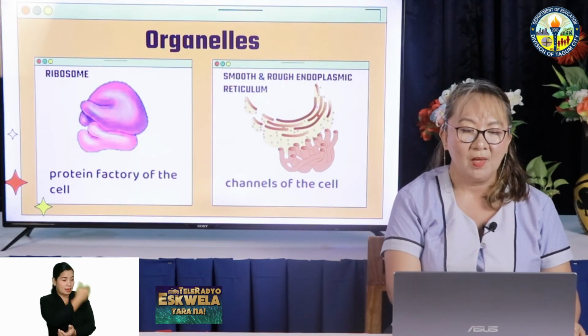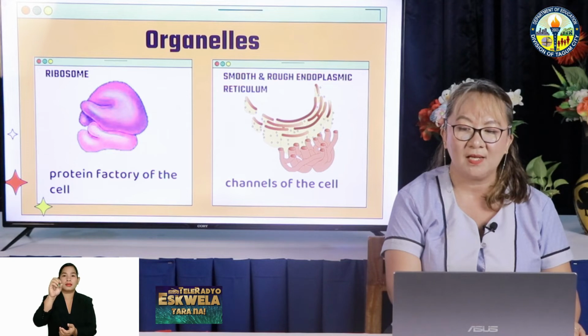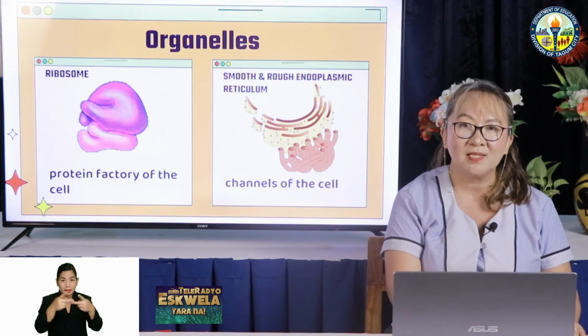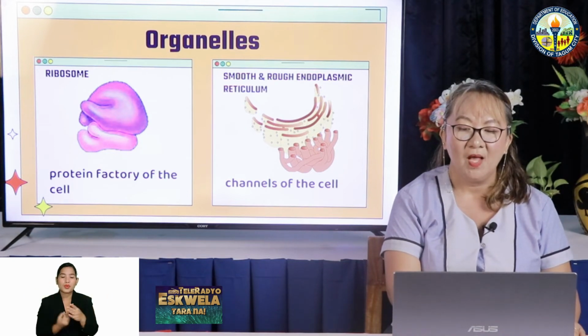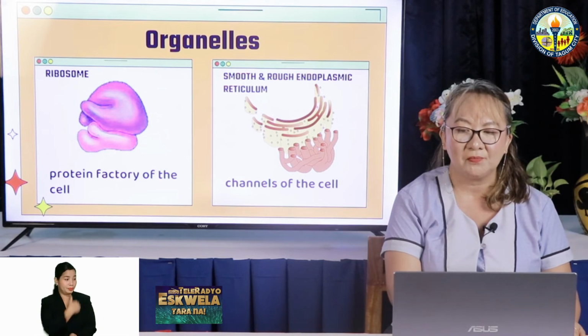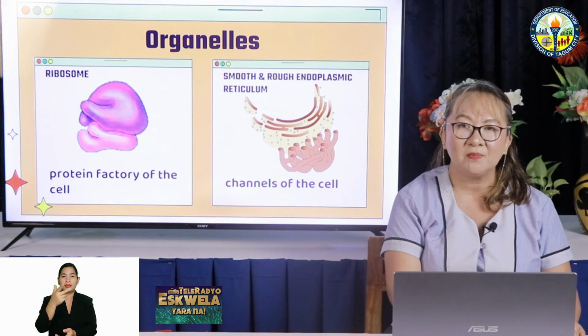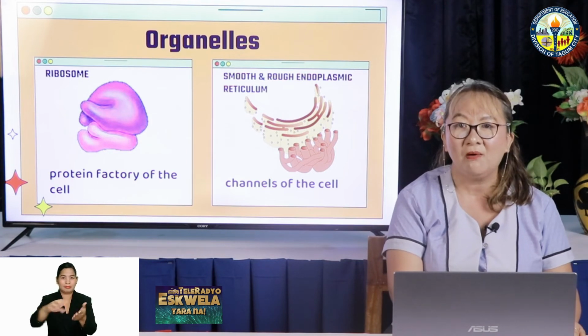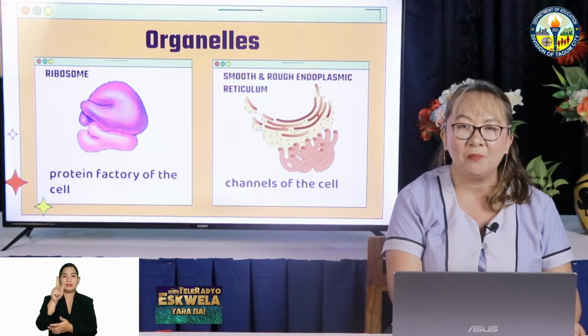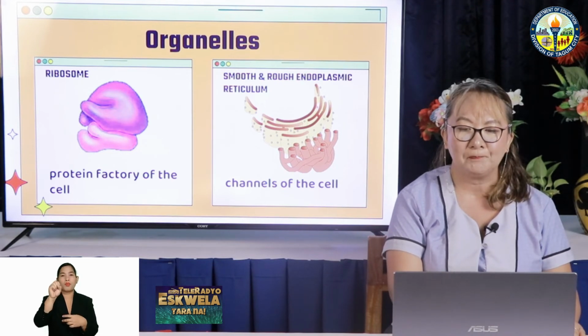The ribosome, the protein factory of the cell, or the site of protein synthesis. The endoplasmic reticulum, channel of the cell. It can be rough endoplasmic reticulum or smooth endoplasmic reticulum. The rough endoplasmic reticulum with ribosomes, the smooth endoplasmic reticulum without ribosomes.